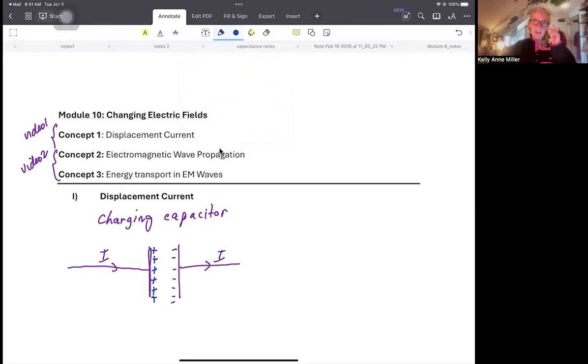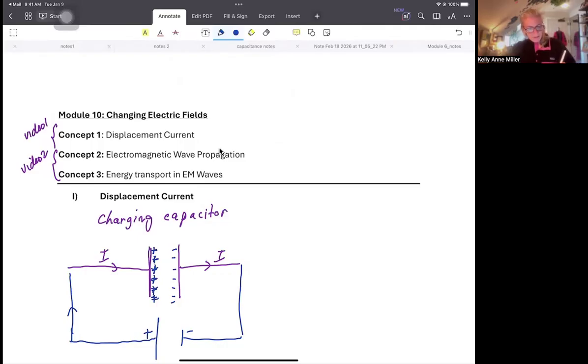So remember when we talked about capacitors, the way to think about the charge flow is imagine that this is connected to a battery. This is just a review of capacitors. So this is the positive terminal of the battery, and that's the negative terminal. We define current as the flow of positive charge. So positive charges are physically flowing to this plate here and building up.